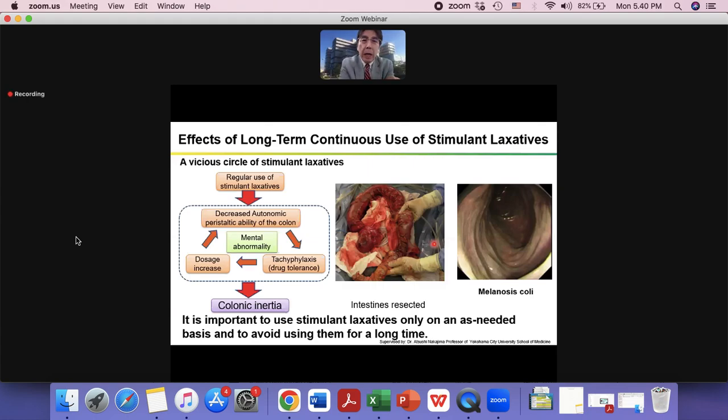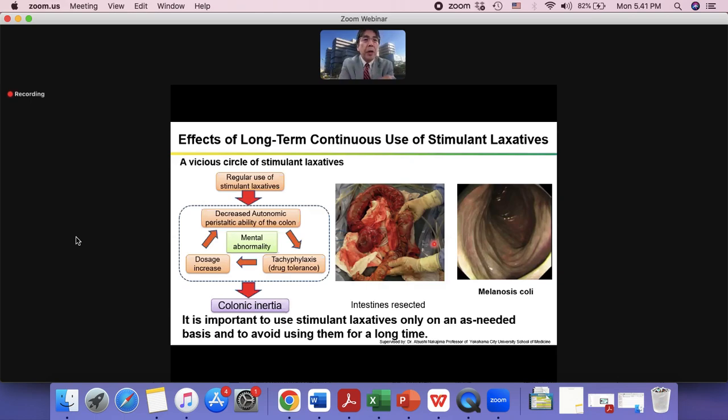In terms of stimulant laxatives, as you know, long-term continuous use of stimulant laxatives causes a serious problem. That's why the European, American and Japanese guidelines recommend that stimulant laxatives be used on demand or for a short time period.